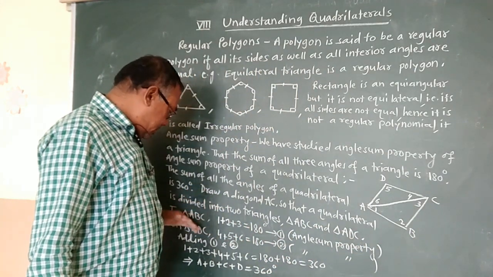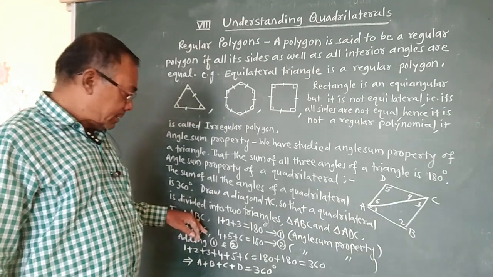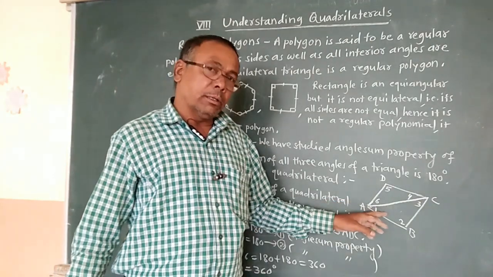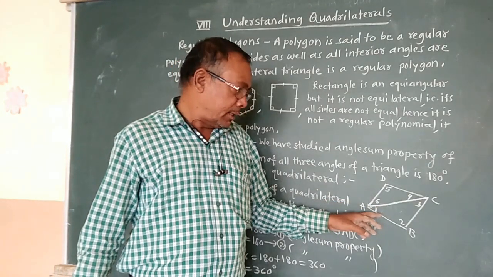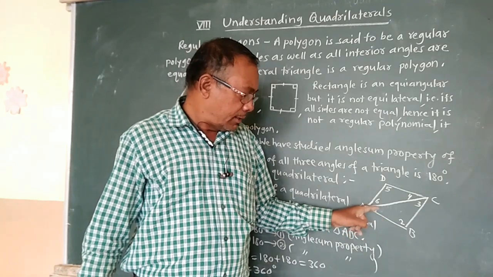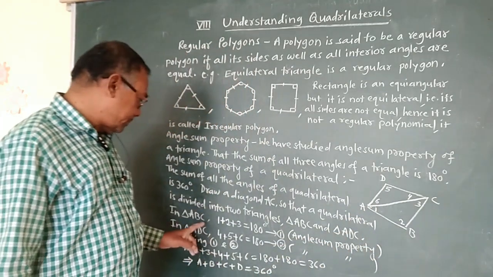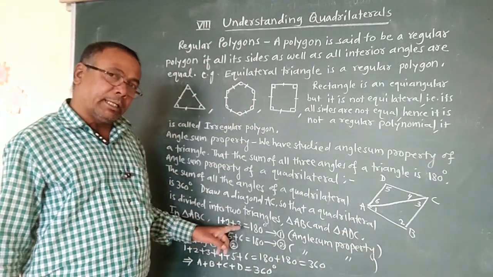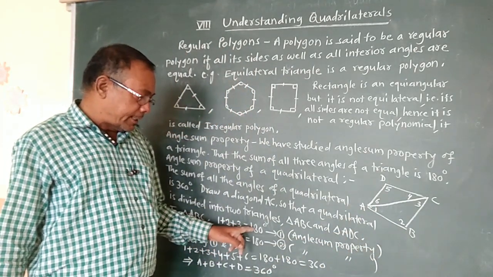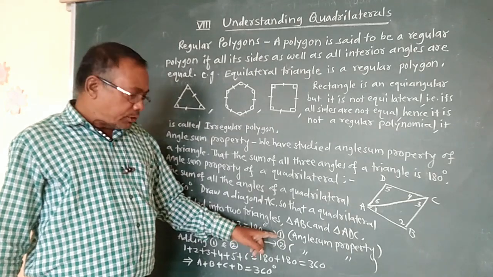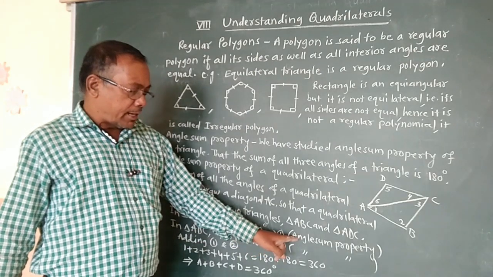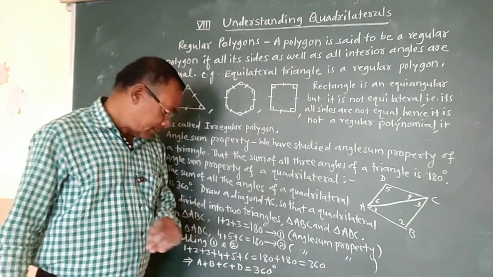Here, if we consider triangle ABC and apply the angle sum property of a triangle, then we will get angle 1 plus angle 2 plus angle 3 is equal to 180 degrees. Let this be equation 1, by the angle sum property of a triangle.